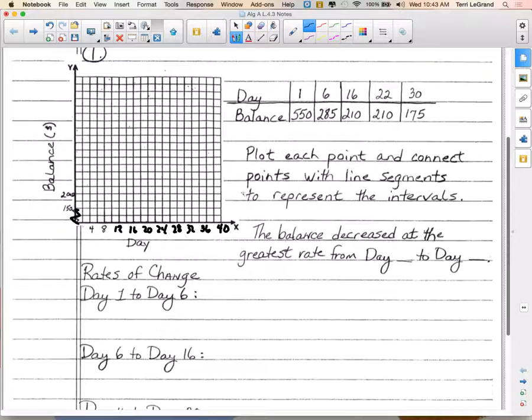So we're going to jump over grid lines again, and we're going to finish labeling our y-axis. If you want to do every $25, you can. And this one should end at $600 at the top.